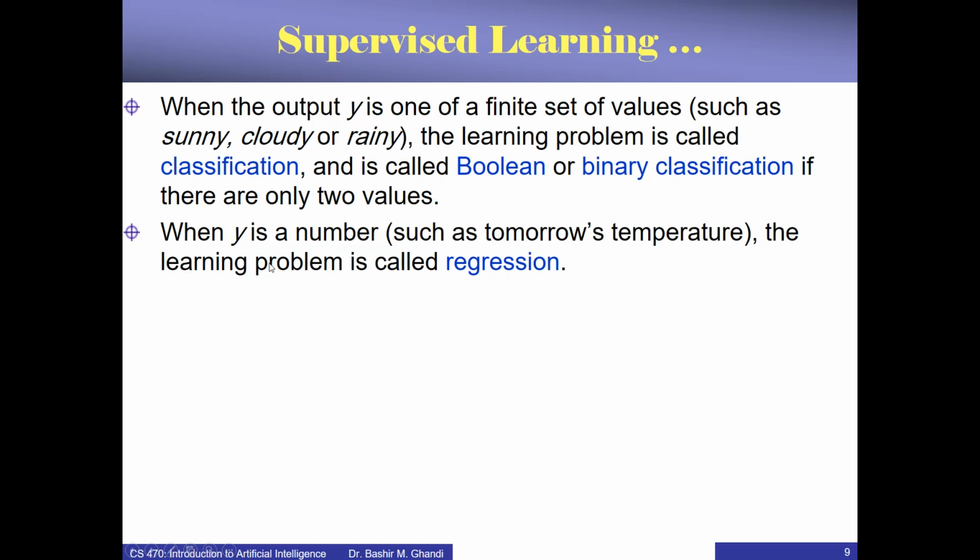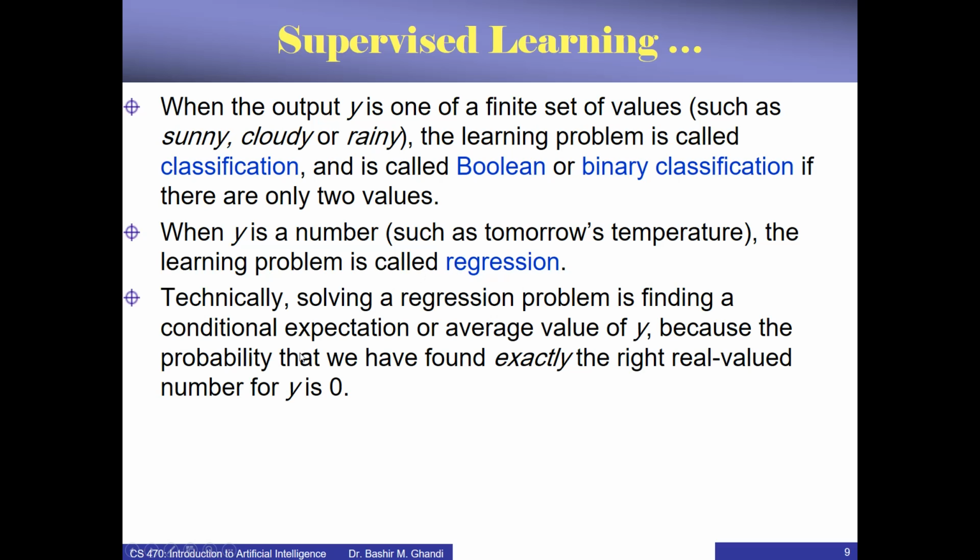Now, if y is a number, such as tomorrow's temperature, then the learning problem is actually called regression. So we have classification and regression. Classification is when the output is a fixed finite set of values, whereas if the output is going to be some real number, it is called regression.